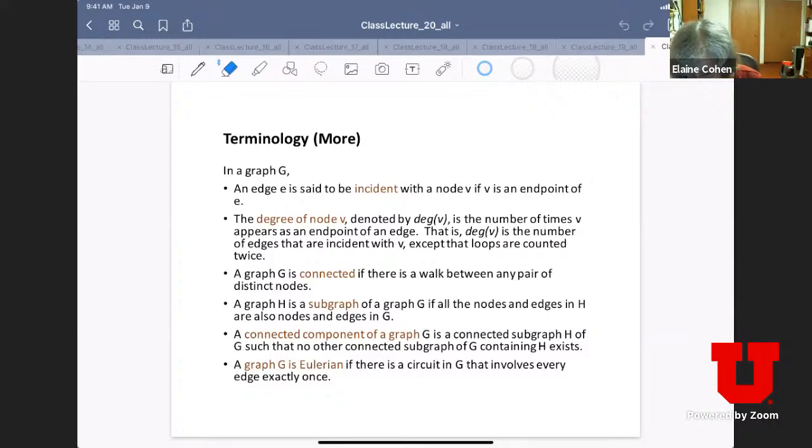Okay. A graph G is connected if there is a walk between any pair of distinct nodes.